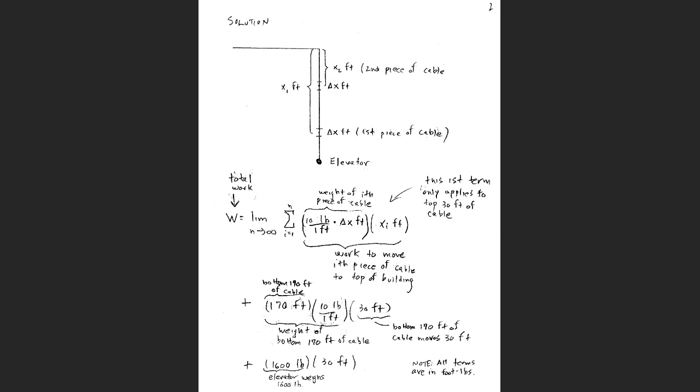Let me just go back here. This limit here is going to turn into an integral. What does the delta x become in the integral? It becomes a dx. The limits are from 0 to 30.